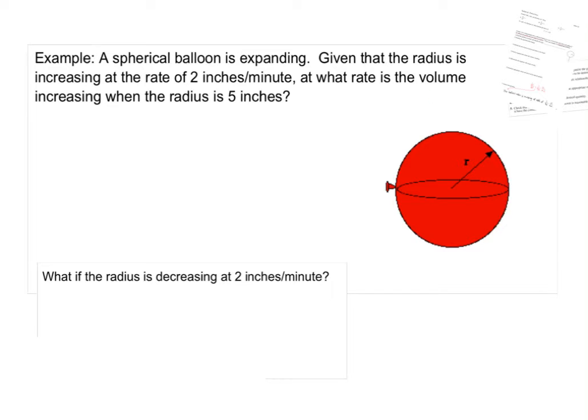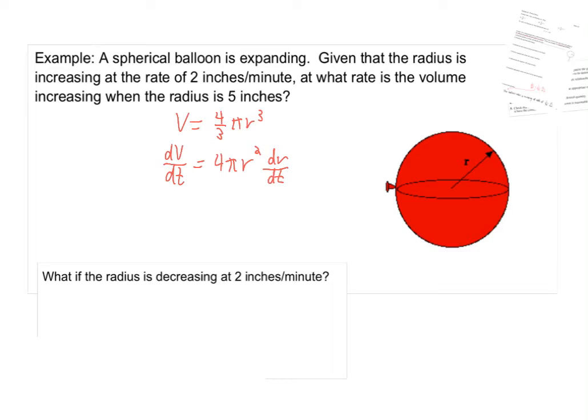Okay. For this one, we would do V equals 4/3 pi r cubed. We'd take the derivative of both sides, which, as we did before, simplifies to 4 pi r squared dr/dt.